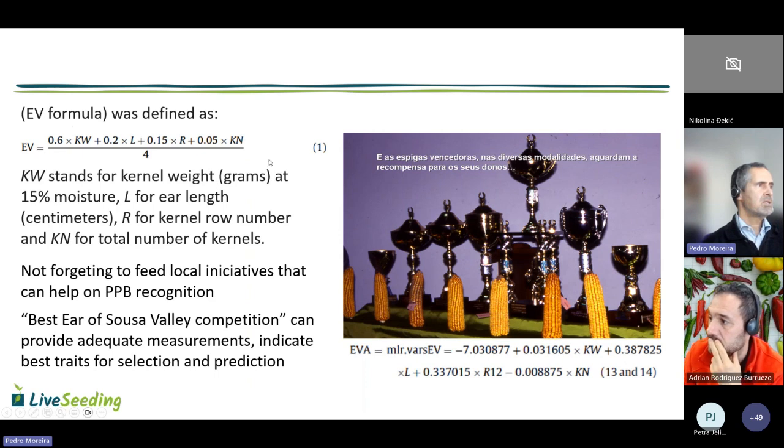So what we wanted to do was connect with the information on the ear, which can change a lot, as we know, but is the information that the farmer can use to make the selection.